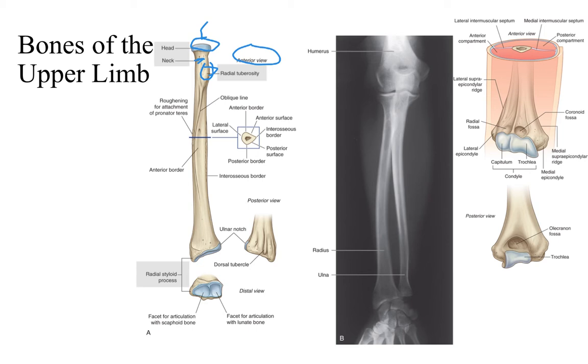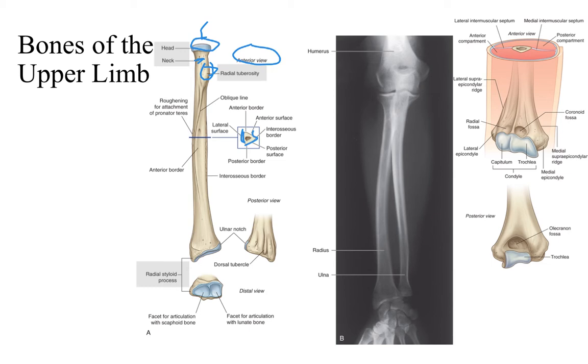All right, if we look at the cross-section of the bone, notice that in anatomical position, the rounded edge is pointing laterally and the pointed edge is pointing medially.